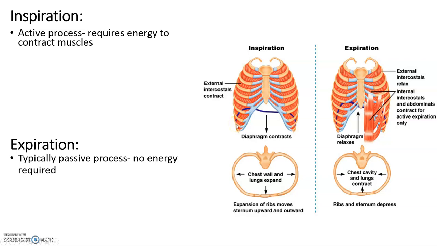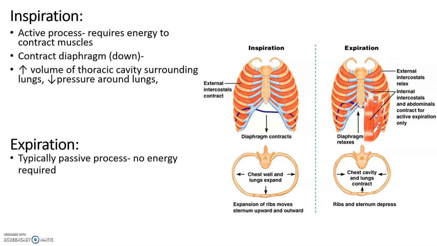It forms the bottom of our thoracic cavity, and so to inhale requires contracting that muscle, which causes it to drop, and when the diaphragm goes down, then the volume inside the thoracic cavity increases, and this causes the space around the lungs to increase as well, and so the pressure there starts to drop, right?